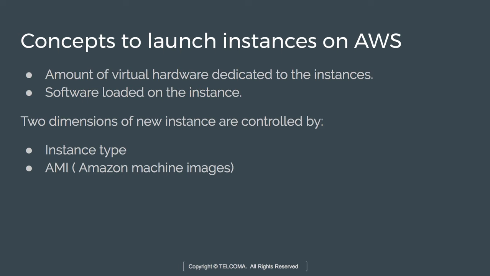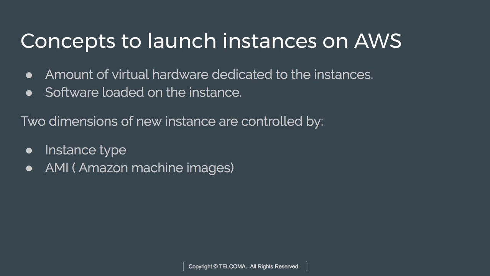That means we have dozens of Amazon instance types available, like virtual CPU, memory, storage, network performance. We have various families of instances or types of instances.